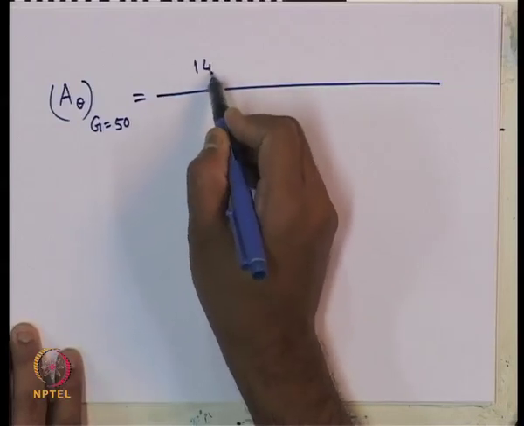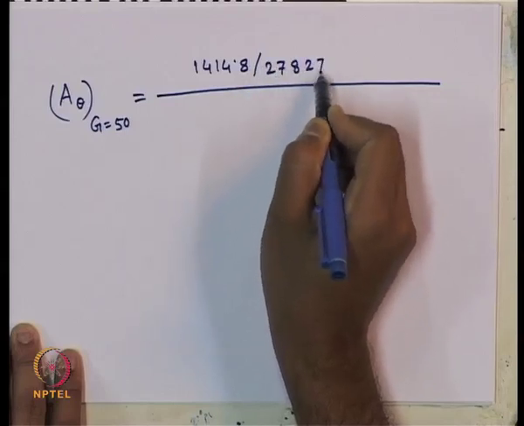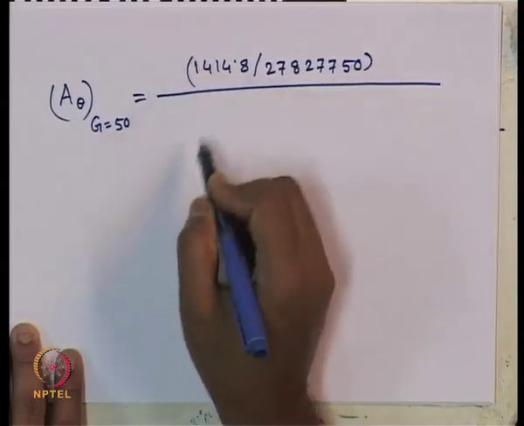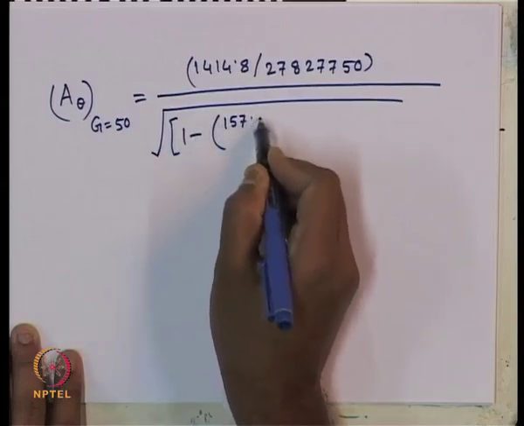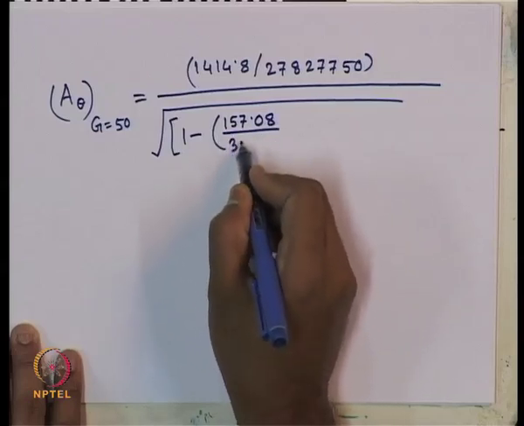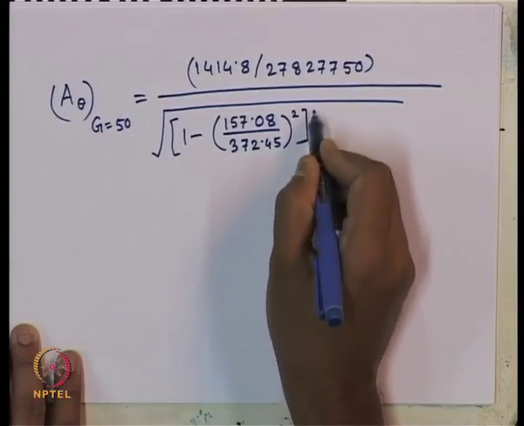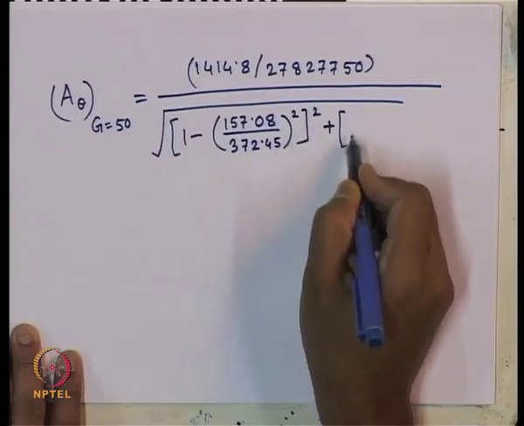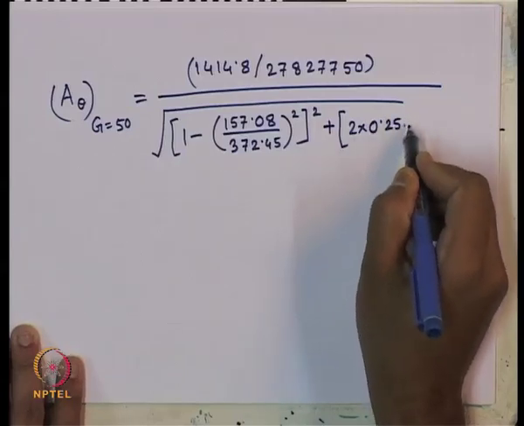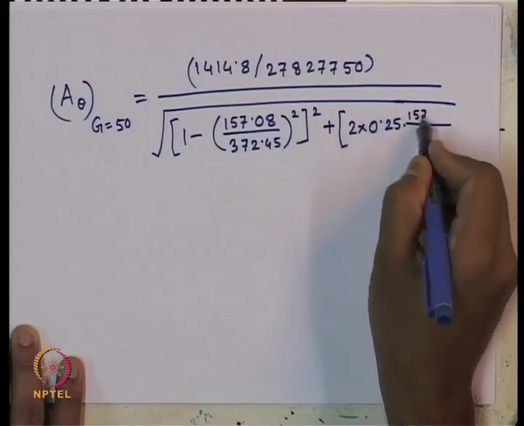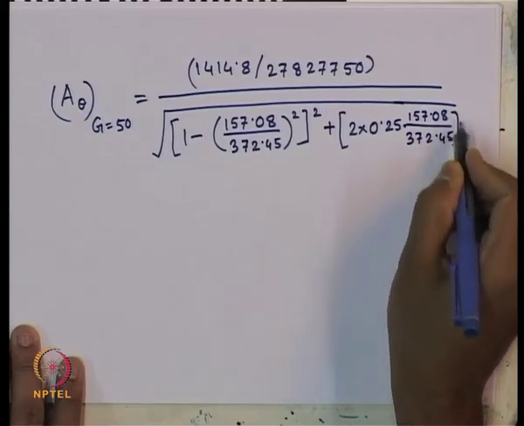T theta is 1414.8 divided by K theta, which is 27827750, by root over 1 minus 157.08 by 372.45, that is the omega n we had calculated, whole square, whole square, plus 2 into eta theta we had calculated 0.25 times 157.08 by 372.45, that whole square.